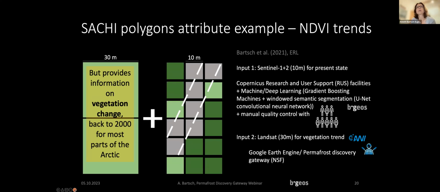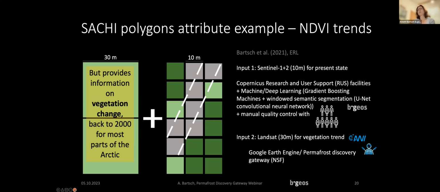We combined Sentinel-1 and Sentinel-2 to exploit the 10 meter resolution. But we also combined it with Landsat trends, processed on the Permafrost Discovery Gateway, and we added these trends as an attribute in order to have an idea about when this infrastructure appeared.